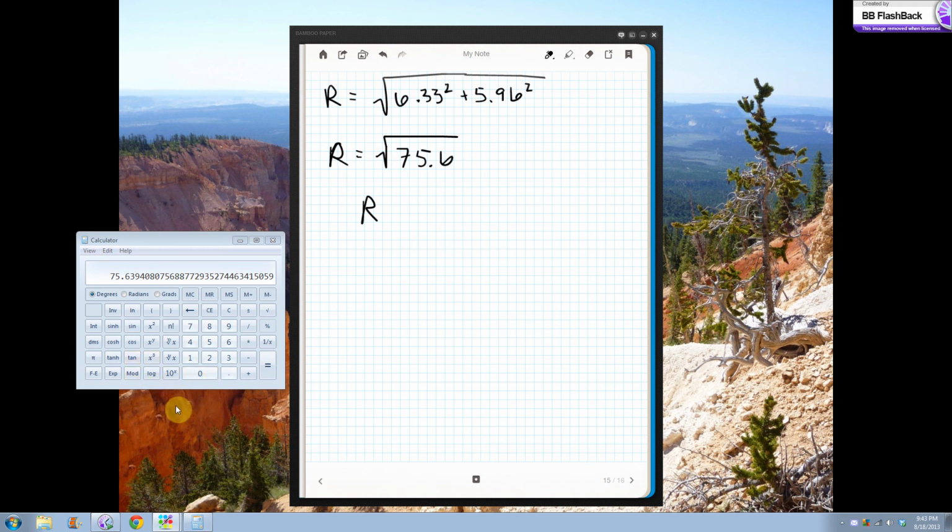Oh, I took my contacts out and I'm looking in my glasses. Okay, I think that's right. That looks right. I know it's got to be between 8 and 9, so 8.6. Oh, if I round properly, it'll be 8.7.